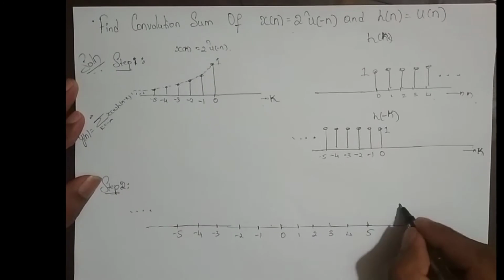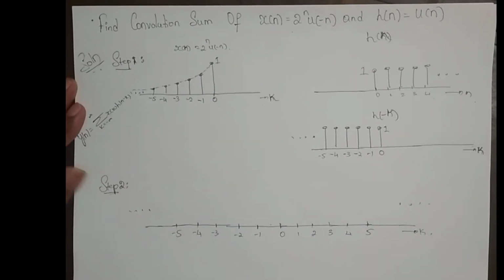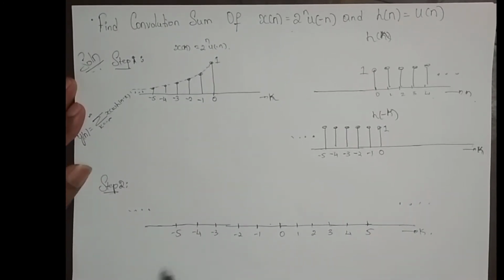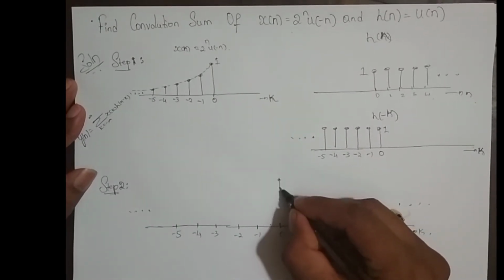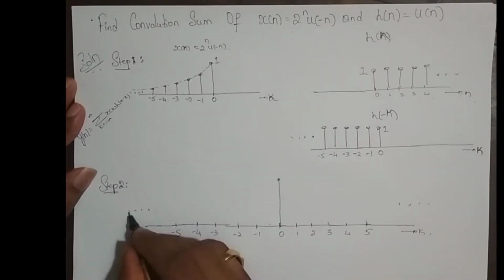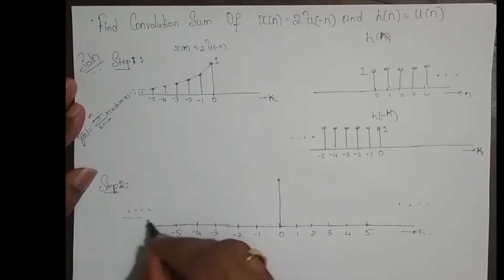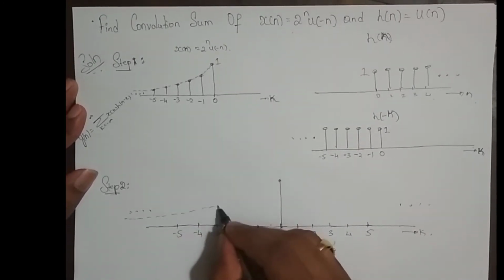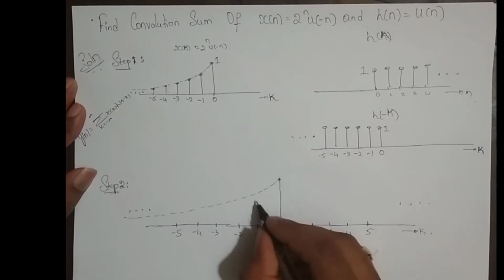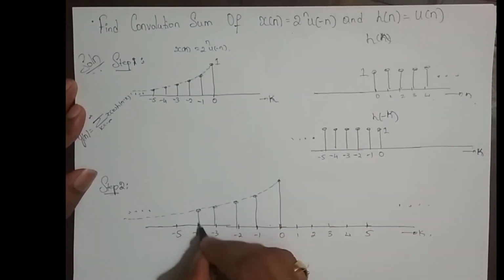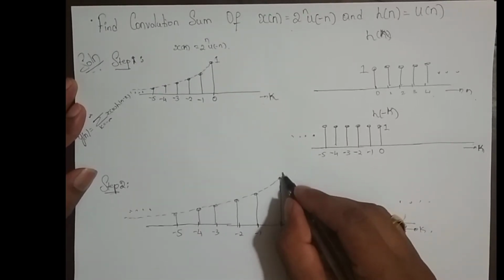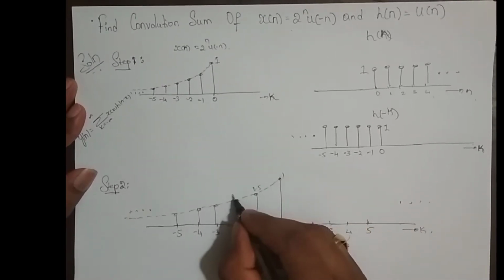So first I need to place the x of k sequence, which is like this. Right? What is this amplitude? This is 1, this is 0.5, 0.25, 0.125, and goes on, right?